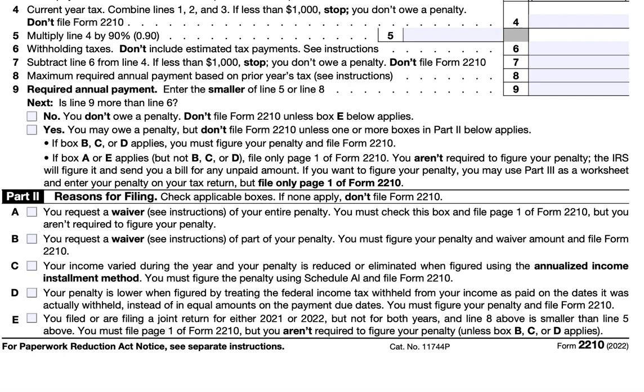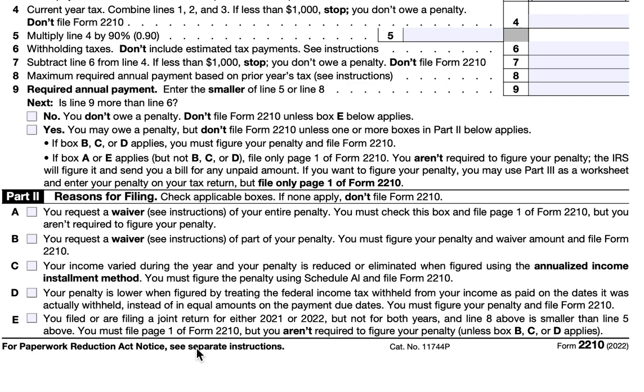For box B, you're requesting a waiver of part of your penalty, and the IRS is going to ask you to calculate the waiver amount, so the part of the penalty that you think should be waived, before you file the form. Box C, the annualized income installment method. Box D, lower tax liability based on withheld income tax on the date that it was withheld.